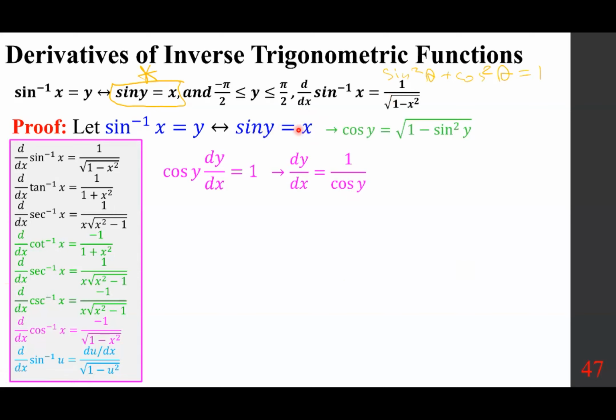Since sine y equals x, I'm going to replace sine y with x. I get the square root of 1 minus x squared. And now I'm going to replace it right here. Therefore, the derivative of sine inverse of x is 1 over cosine y, which is replaced by the square root of 1 minus x squared.